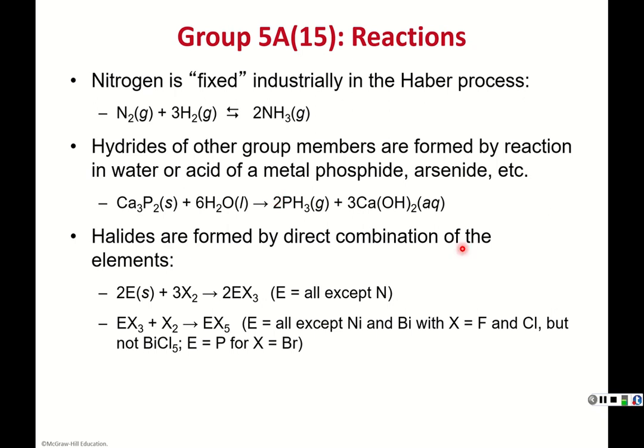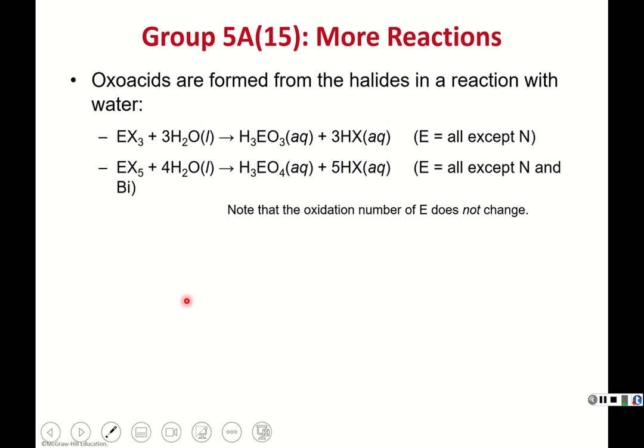Halides are formed by direct combination of the elements. So you mix one of these elements with a halogen and you get these halides. More reactions. Oxoacids are formed from the halides in a reaction with water. So if you take your halide from this group, mix it with water, you get oxoacids.